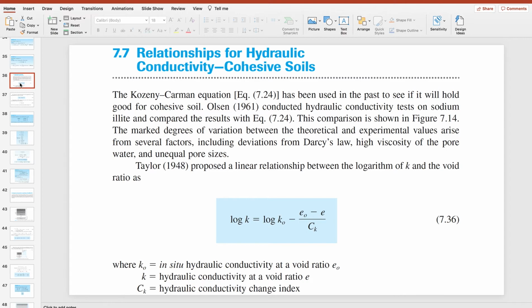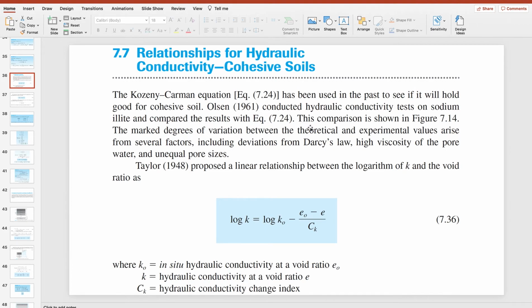So, the relationship for hydraulic conductivity in cohesive soils. So, the Kozeny-Carman equation 7.24 has been used in the past to see if it will hold good for cohesive soil. Then, Olsen in 1961 conducted hydraulic conductivity tests for sodium illite and compared the result with equation 7.24.